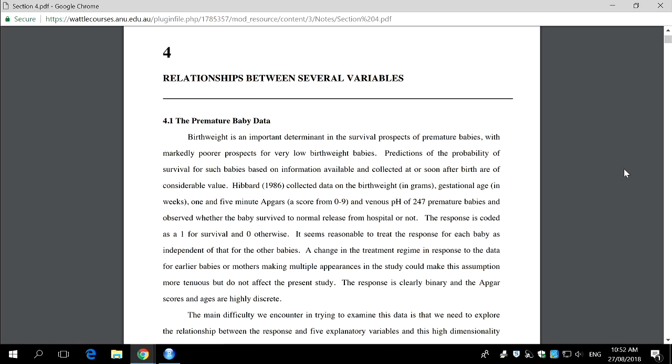So these are numbers on a 0 to 9 scale. At 1 minute, they look at the baby and they basically say, is it breathing, is it blue, is it this, is it that? If you get a 0, basically not good, nothing's going on. If you get a 9, you're doing differential calculus, right? So 0 to 9, 9 means you're good to go, 0 means you're probably not good to go, okay?